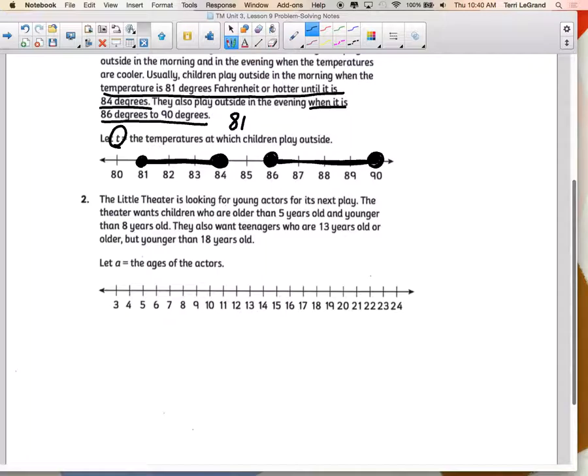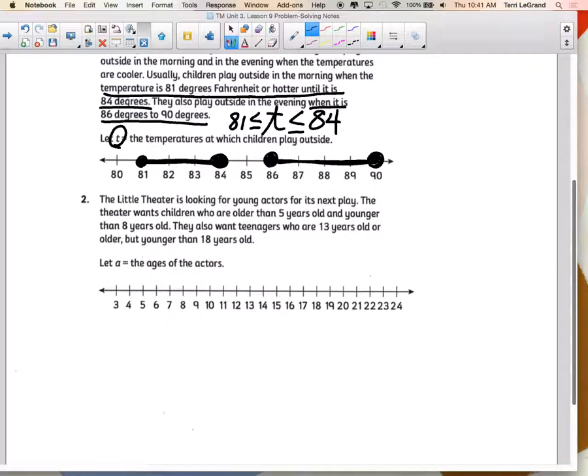Because 81 is shaded in, we include the equal to bar, is less than or equal to. What's going in the middle? T. Make sure it looks like a T, not a plus sign. Somehow make it look like a T. And then the 84 is at this end, and it's shaded, so now we're going to say is less than or equal to 84. So our compound inequality is showing those two endpoints with the shading in between.